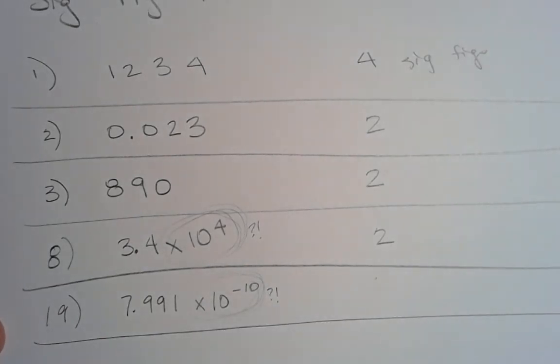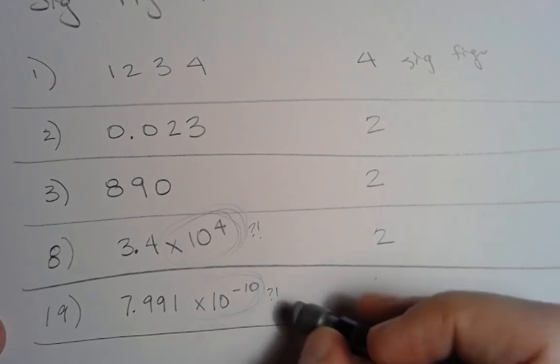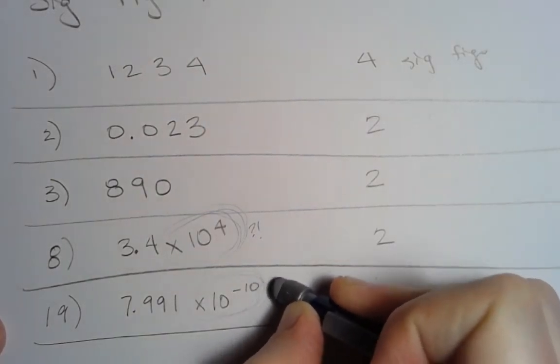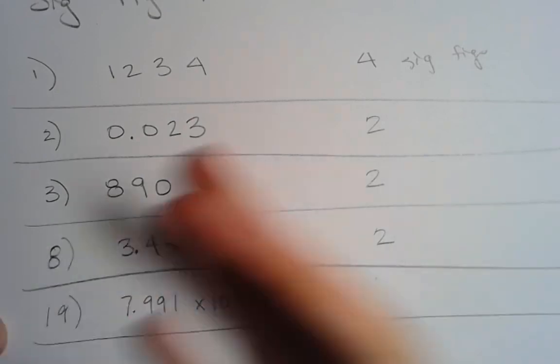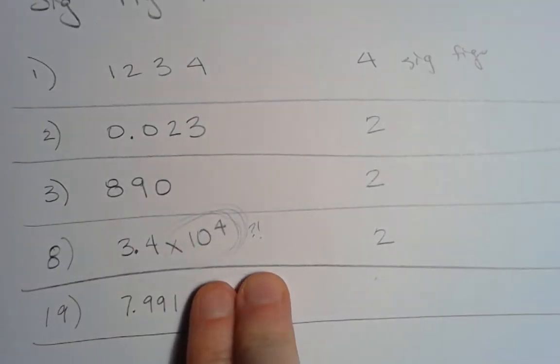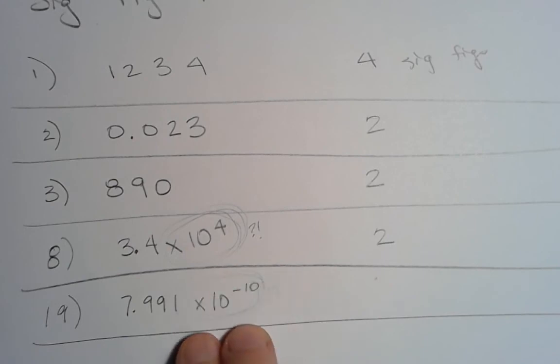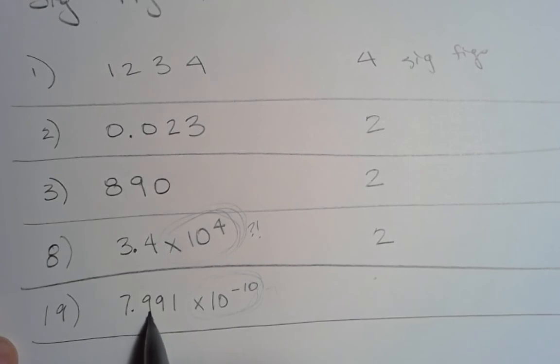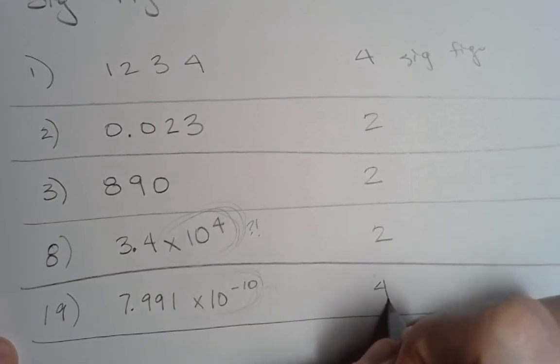That just means it's small. In the worst case scenario, you're going to just completely ignore it. And if you're another step into your processing, this shows magnitude. You might notice that times 10 to a positive number is big and times 10 to a negative number is small, but that is for a different video. Right here we have 1, 2, 3, 4. We have 4 sig figs.